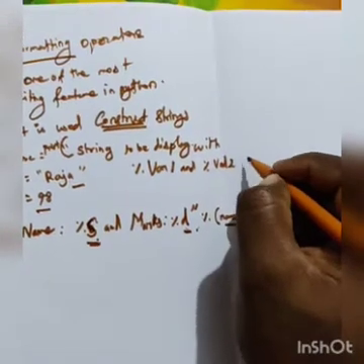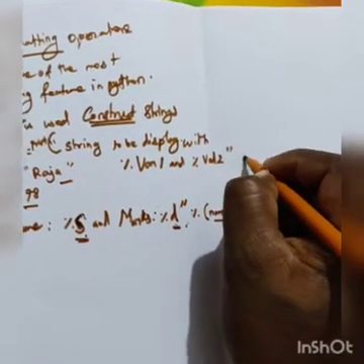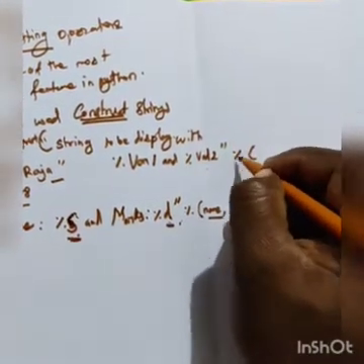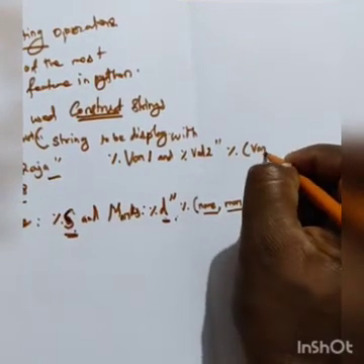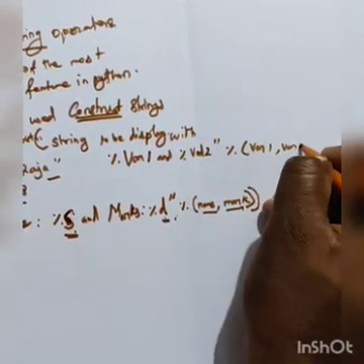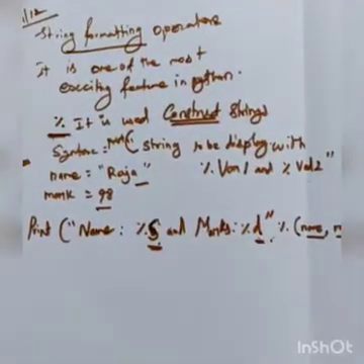Then double quotation finished. After that, percentage symbol, variable 1 comma variable 2. Then close the bracket. So like this you can display the strings.